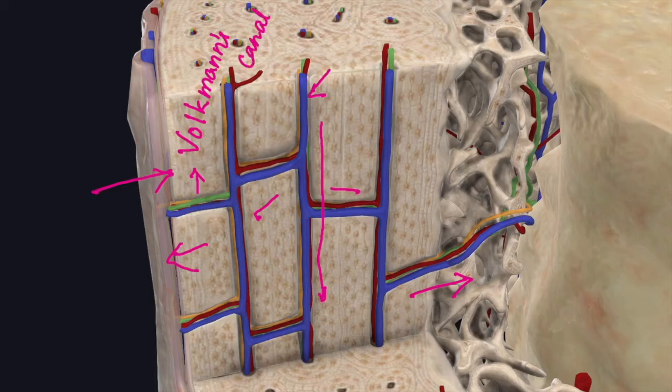The blood vessels, nerves and lymphatics pass through all these channels, so that the compact bone is permeated by a network of blood vessels that provide nutrition to it.